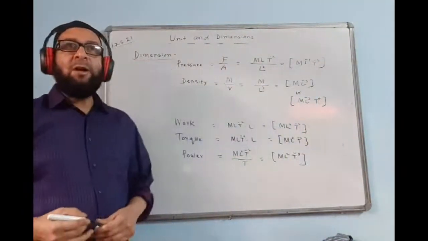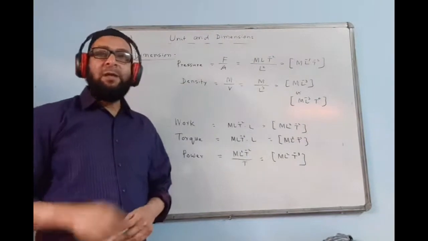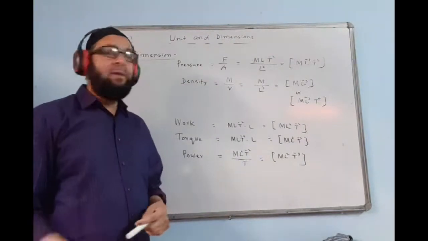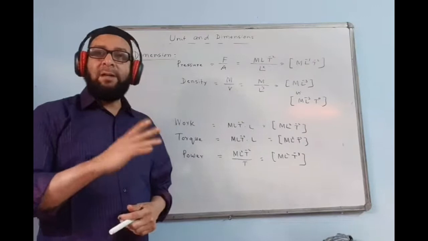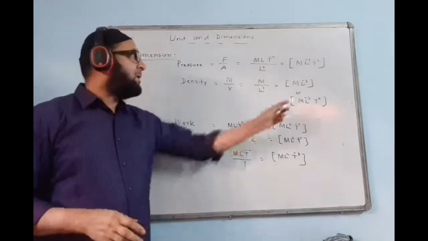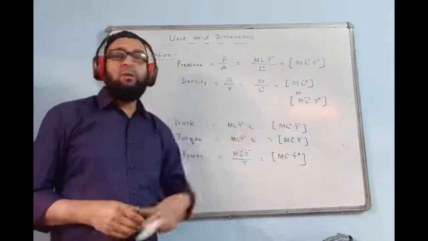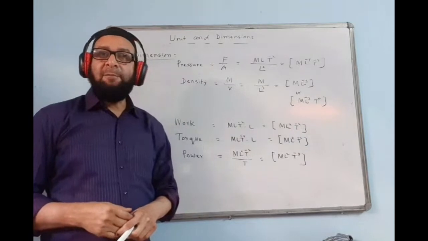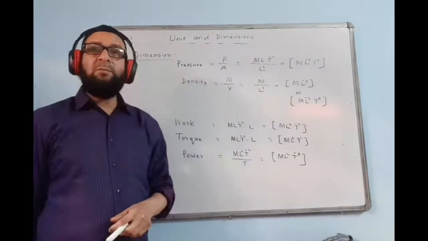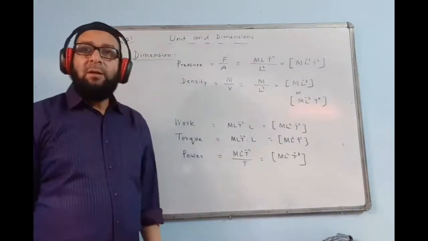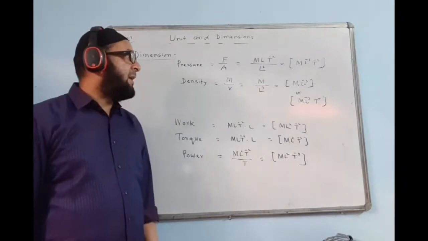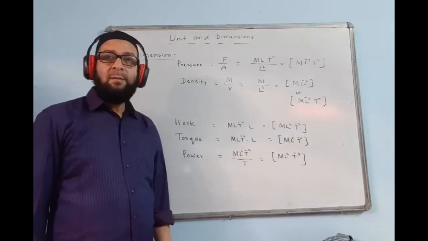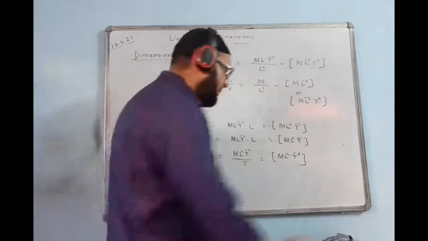Whatever thing does not come, I can raise the power of that particular thing as 0, like normally we express in terms of powers of MLT. So mass is there, length is there, but time is not coming, so I raise the power of time T as 0, because T to the power of 0 is 1. That way also we can write. Understood my point, what I'm saying?